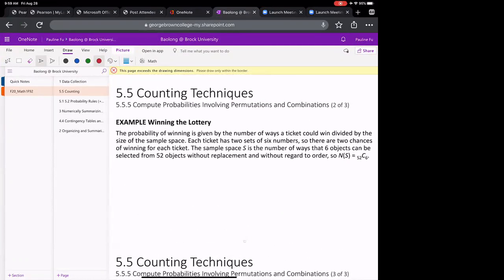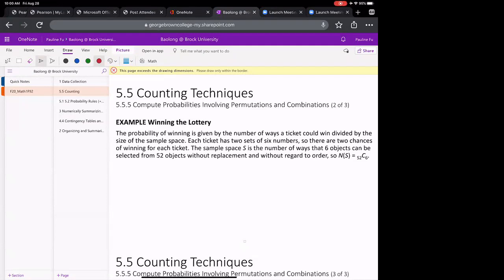So how do we calculate the probability of winning? We calculate the number of ways a ticket could win, then divide by the size of the sample space. In the given problem, each ticket has 2 sets of 6 numbers, so there are 2 chances of winning for each ticket.